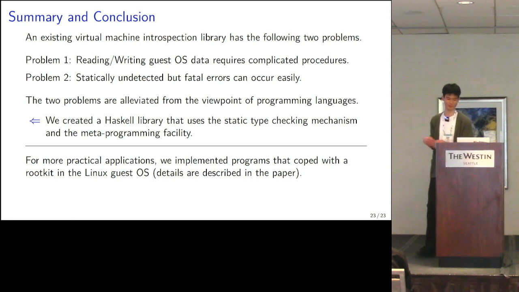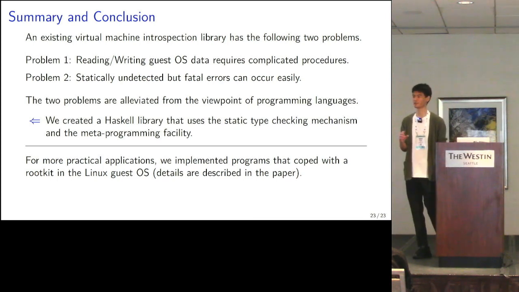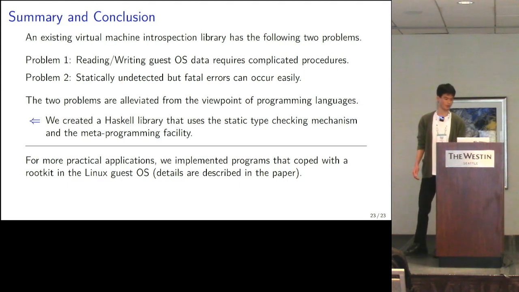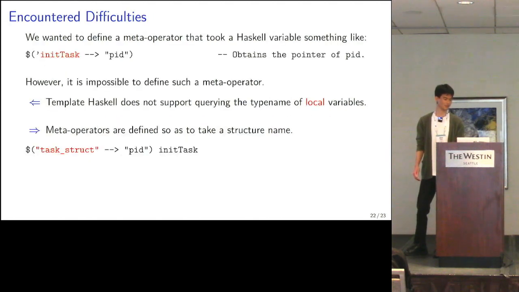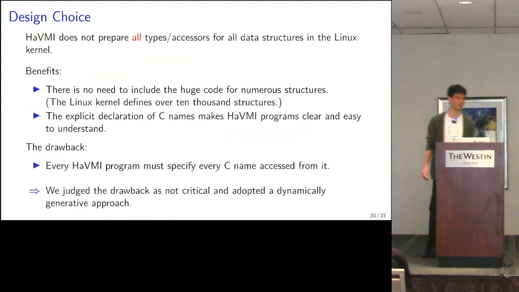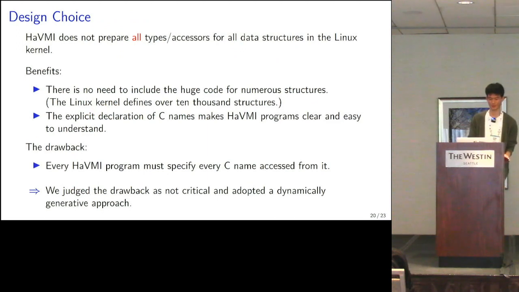You were introspecting on data structures within the image of a guest, and it seems to me that's not necessarily an easy thing to do, and I was wondering in general how that is done. I know that's not to do with your library per se, but if you have any insight there, I'd be interested.